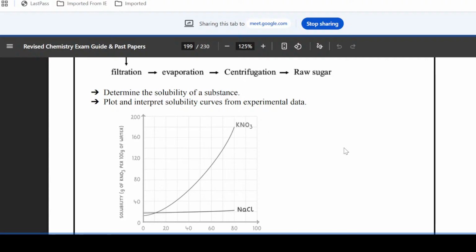I think you can reword that a bit, because look at this one. This one actually has two lines on it. So if you were comparing these two, what's the difference? Because the sodium chloride line is going up. If you look at the sodium chloride line, it is going up with temperature as well. But how would you make a distinction in how you describe how they change with temperature?